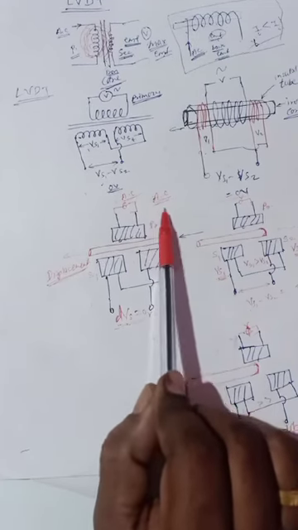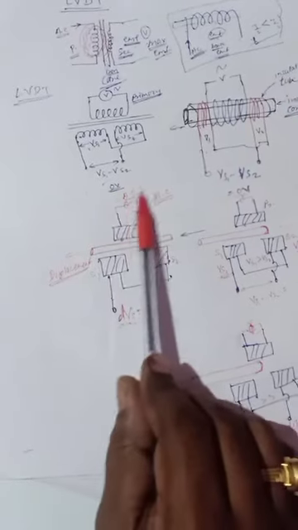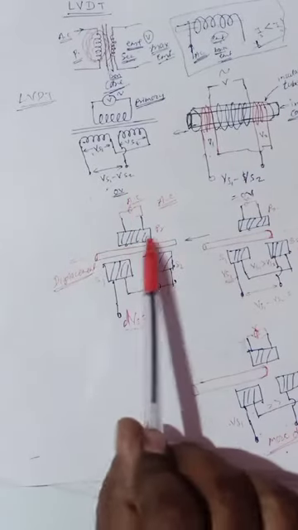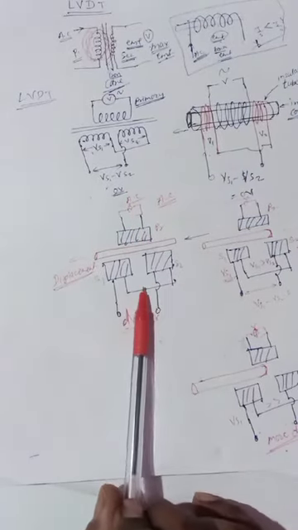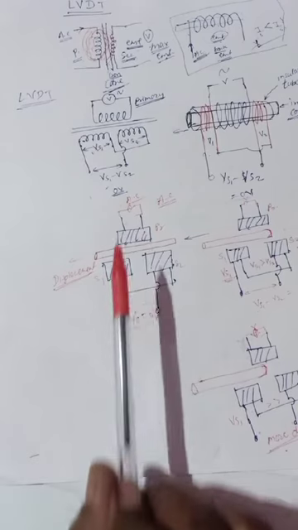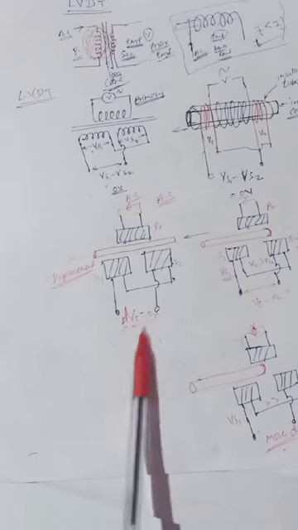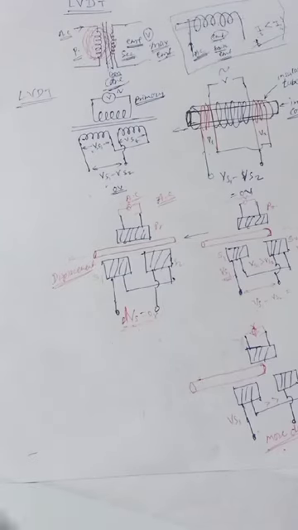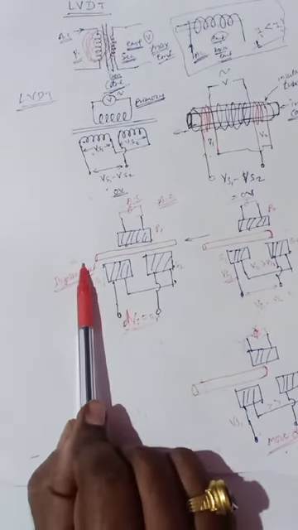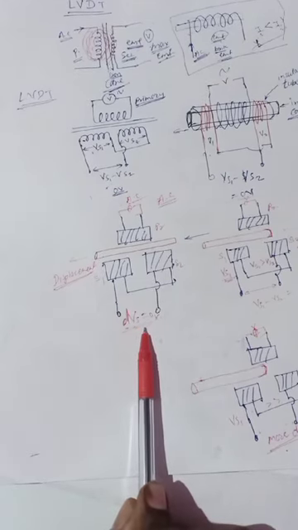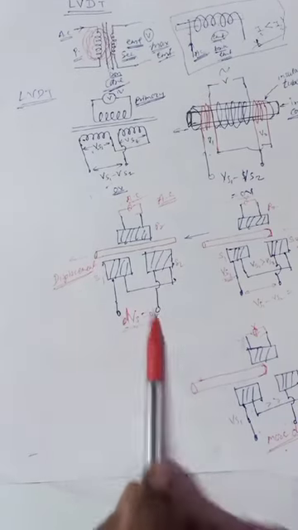A transformer doesn't work on DC voltage, so that's why we have to apply AC voltage here. It is a passive transducer: passive means we have to apply AC voltage, and displacement is converted into a difference in voltage. So the physical quantity is converted into an electrical quantity, so it is a sensor.